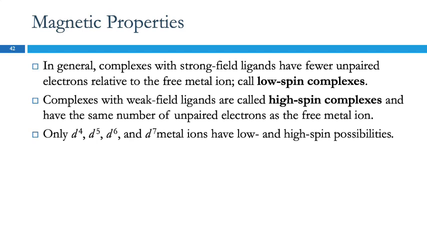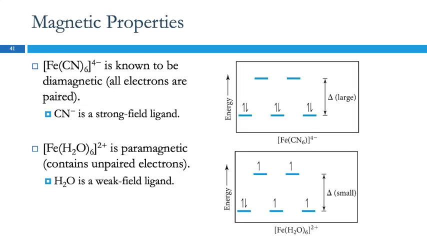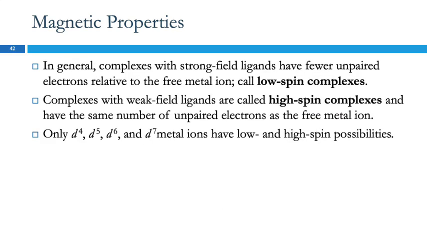Complexes with strong field ligands will have fewer unpaired electrons, and that's what we just saw, right? This is a strong field ligand, and so we've got paired up electrons. This is weak field, and so this has more unpaired electrons. The strong field ones, with fewer unpaired electrons, are called low spin.